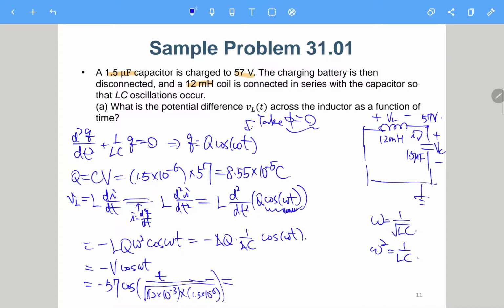So it turns out to be minus 57 cosine 7,500 t. And then the SI unit is volt because it is a potential difference. So this is the answer of this question.